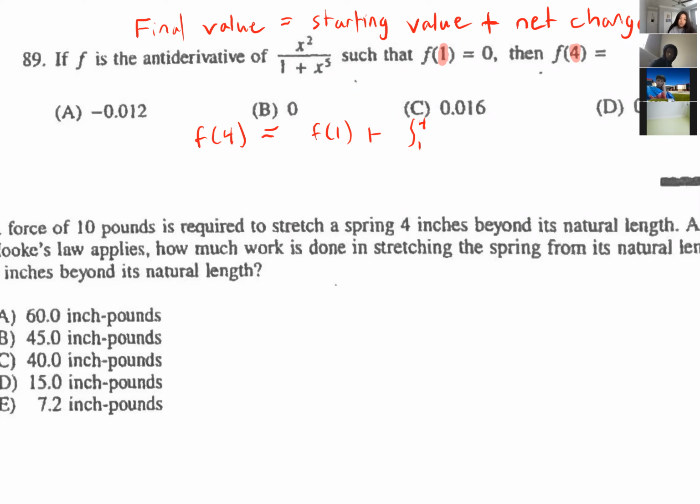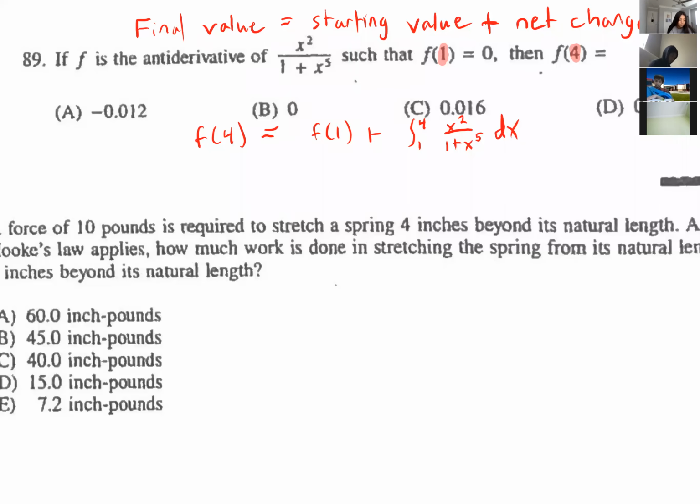So that function is going to be the integral of x squared over 1 plus x to the 5th dx. What this integral from 1 to 4 tells you is how much the particle, or whatever, it doesn't say that it's a particle, but how much something changed from x equals 1 to x equals 4. f of 1 is where we're starting.